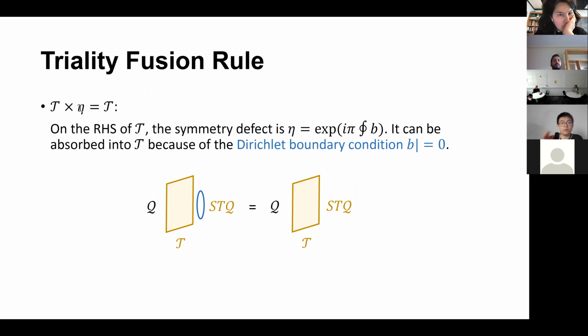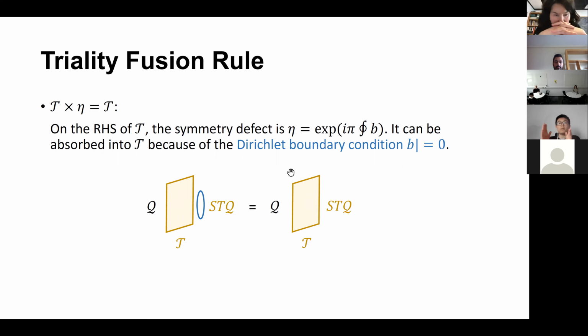So eta now lives on the right-hand side of T. So I can use the fact that T separates a theory Q and STQ. Then I can just identify the symmetry defect on the right-hand side as the symmetry defect associated with the Z2 one-form quantum symmetry. And that is nothing but the Wilson surface operator given by the integral of B.